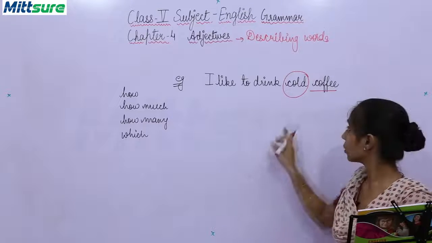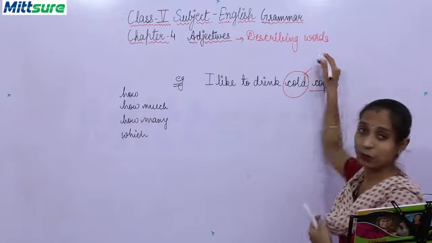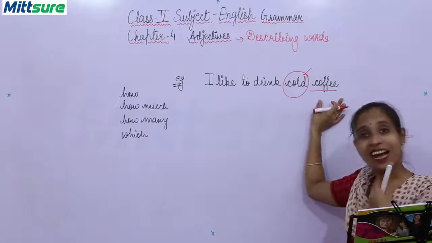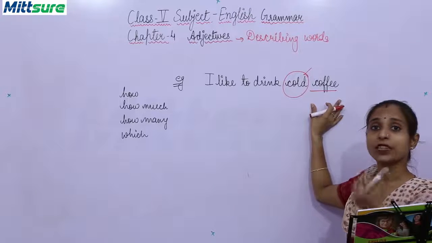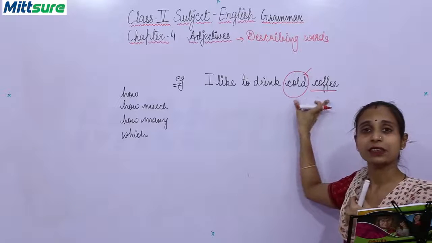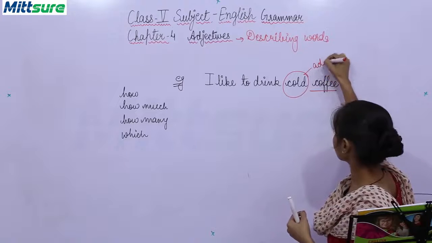Hot or cold? Cold. Fine. So this cold is a describing word. This word is describing what kind of coffee I like. Alright, getting my point? This cold word is describing the noun coffee. So this will be an adjective.